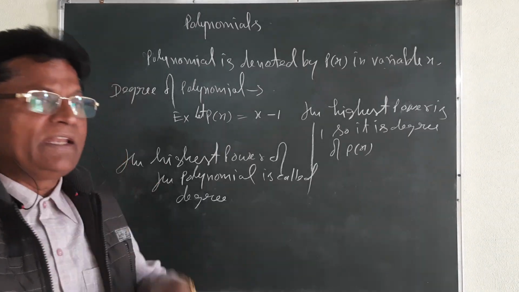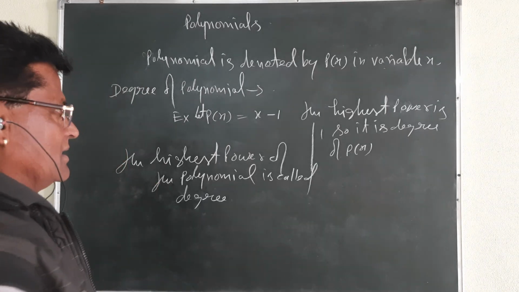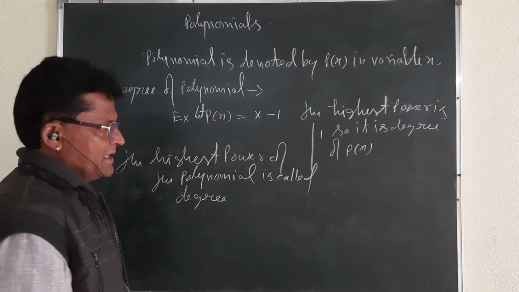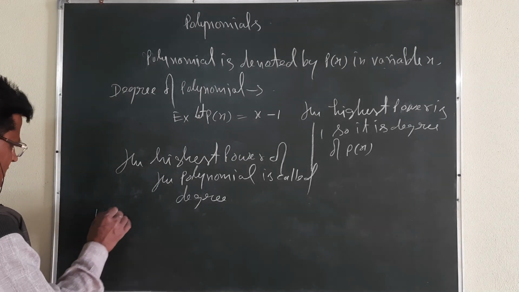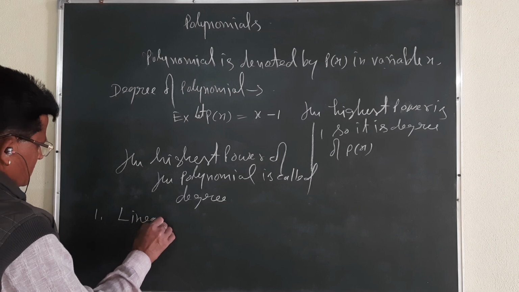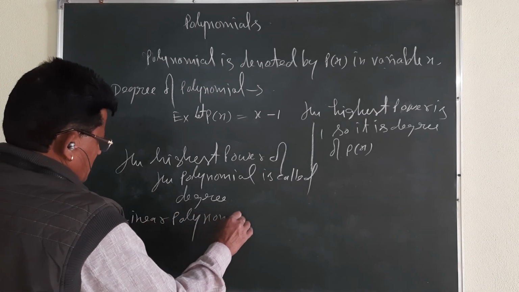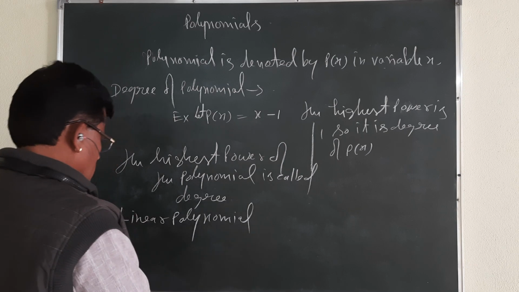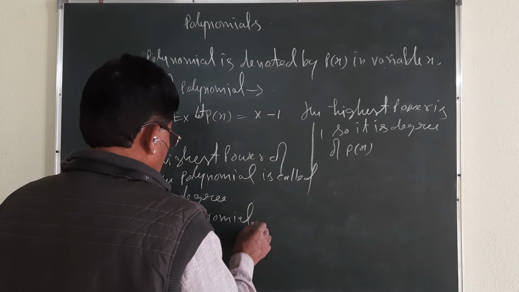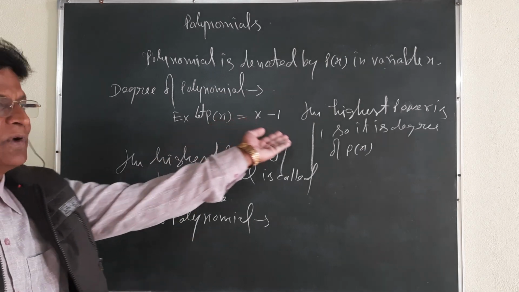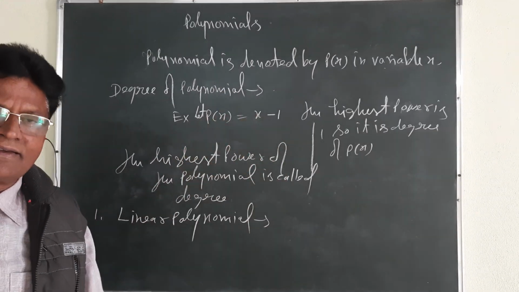And the first type of polynomial is linear polynomial. Let me take the definition of the linear polynomial. Linear polynomial, number one. Generally, a question for 1 mark may be asked related to the linear polynomial. Actually, this is a linear polynomial. Its power is 1.